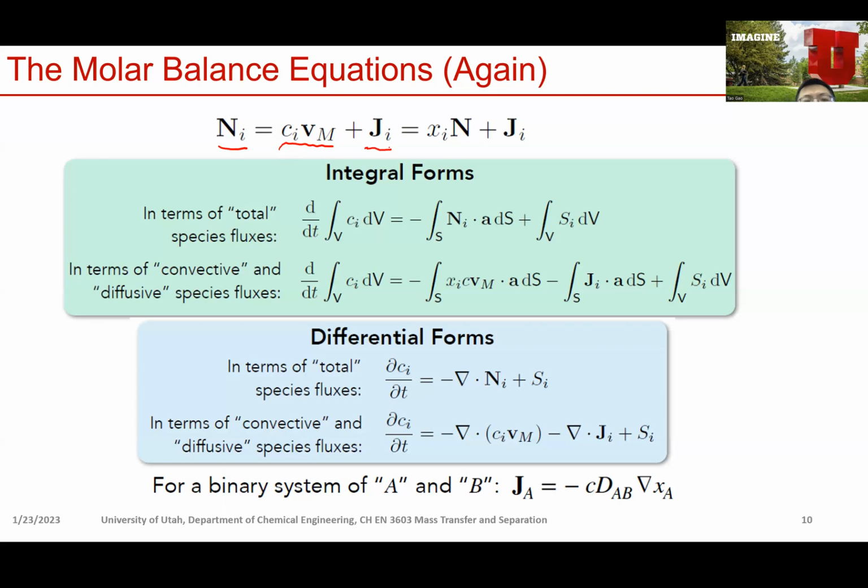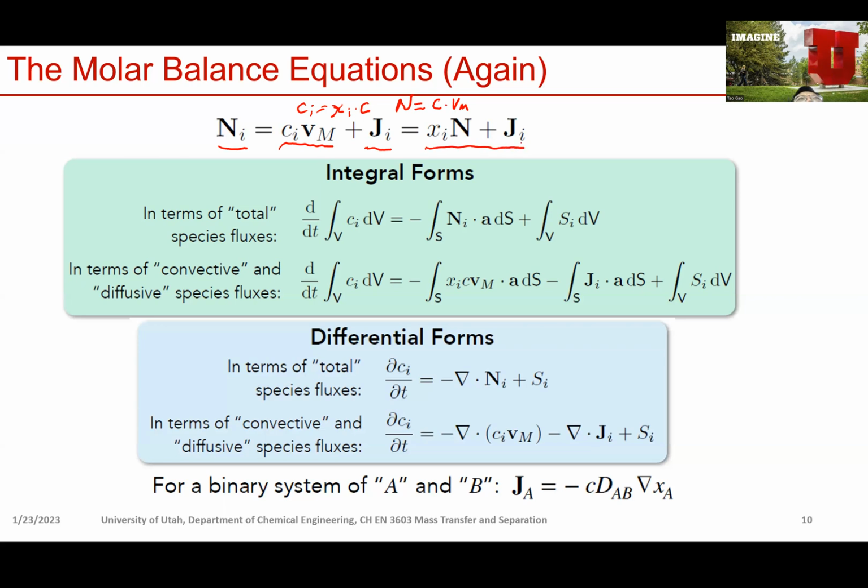Then c_i can be written as x_i multiplied by c. And by definition, the total mole flux of every species in the mixture is c multiplied by v_M, right? So if you plug that in here, we can get this.